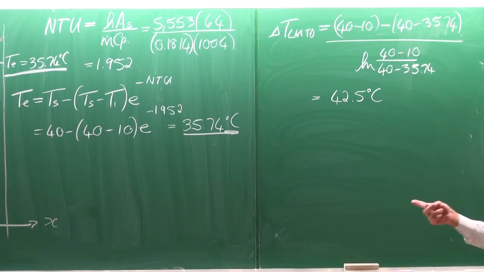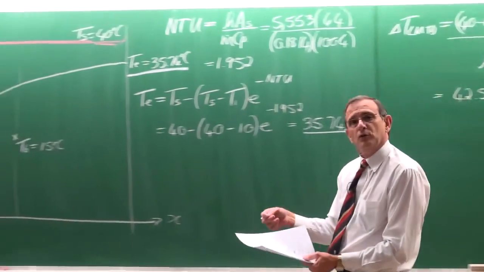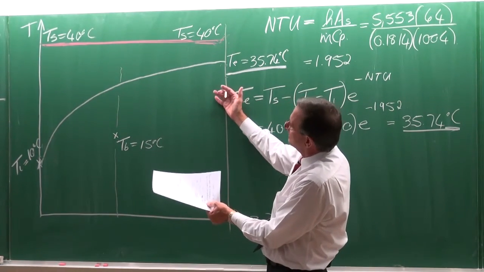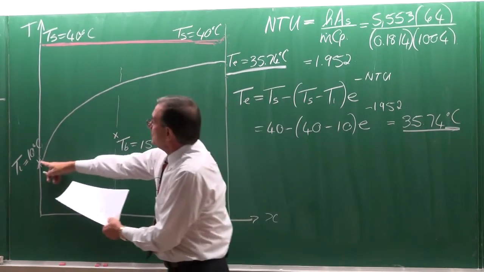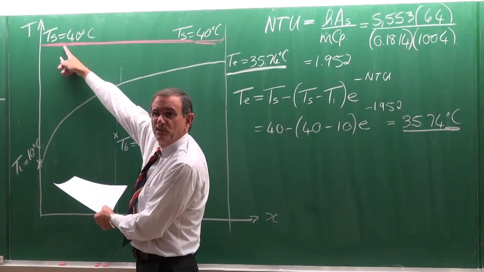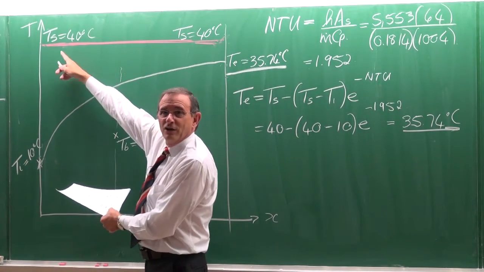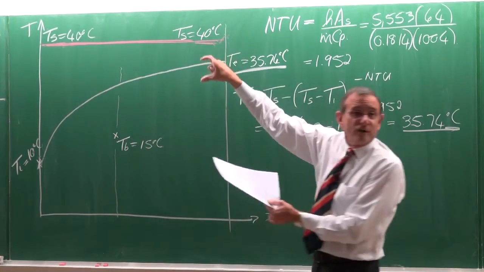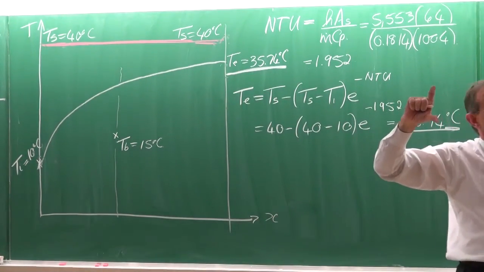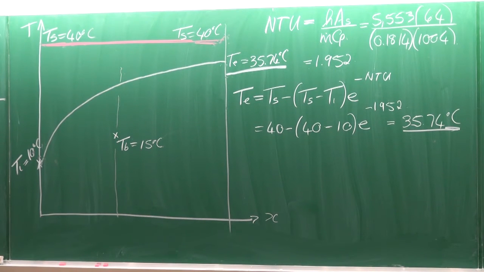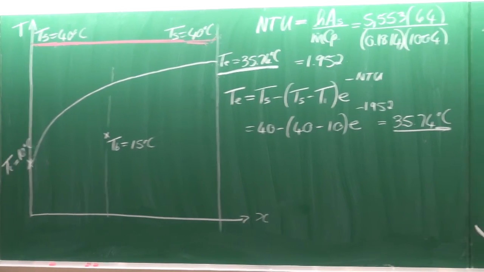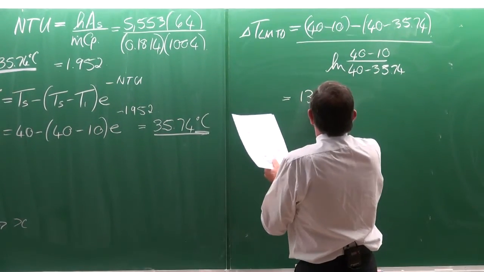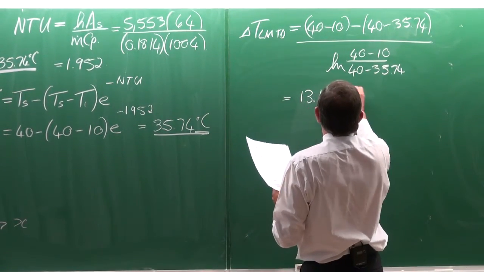Look at the sketch. Before the time, look at the sketch and just decide for yourself, what do you think it will be? I mean, that is 10 and that is 40. So it cannot be 30, isn't it? It cannot be higher than 30. It can't really be lower than about 5. Those are my two limits. So if you go and do the calculation, you must sort of know what to expect. It is equal to 13.19 degrees Celsius.